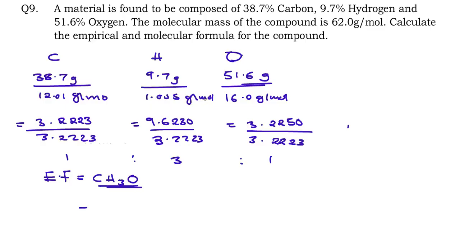Carbon is 1 atom, 12.01, plus hydrogen 3 multiplied by the atomic mass of hydrogen, plus oxygen, 1 atom, 16.00.